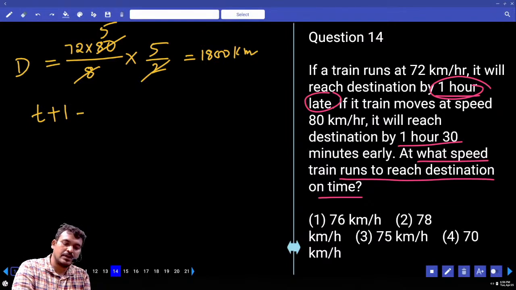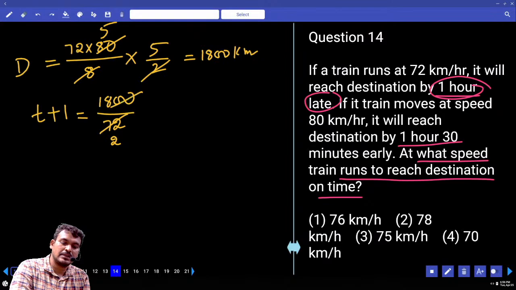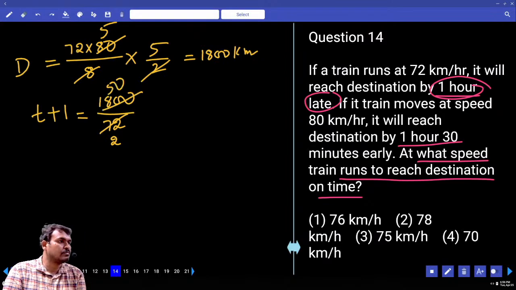The T plus 1 is equal to distance by speed, 1800 by which one? 72. 24 how many? 36 how many times? 2 times. 36 how many times? 5 times. Nothing but 50 times. 50 by 2 means 25 hours. T plus 1 equal to how many hours? 25 hours. Then T equal to 24 hours.